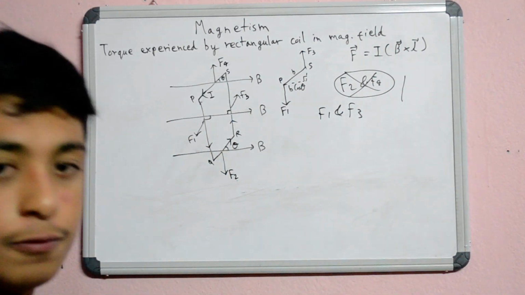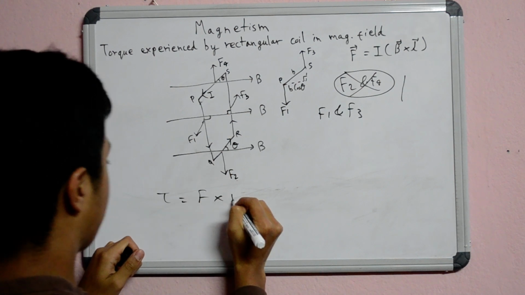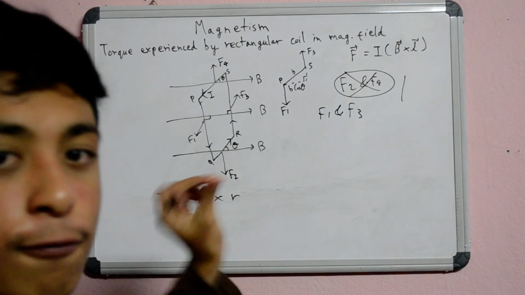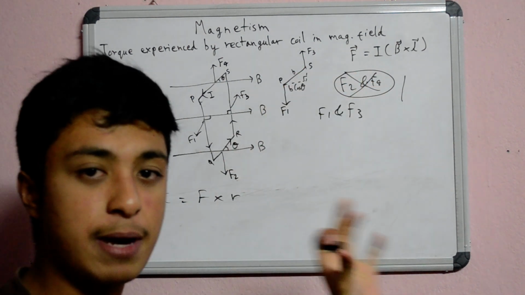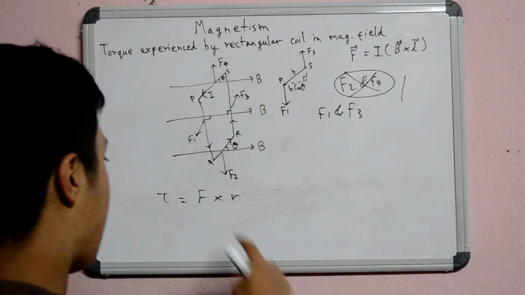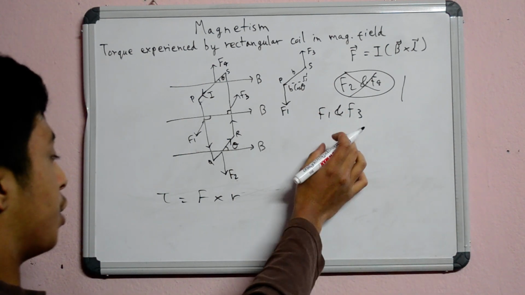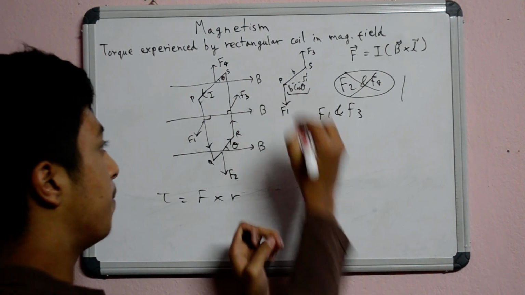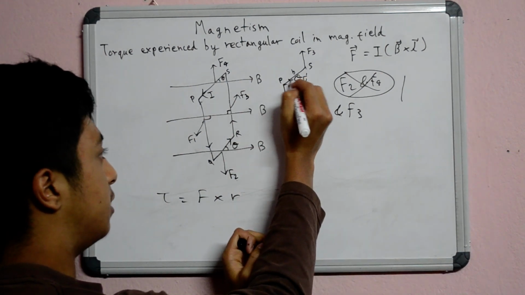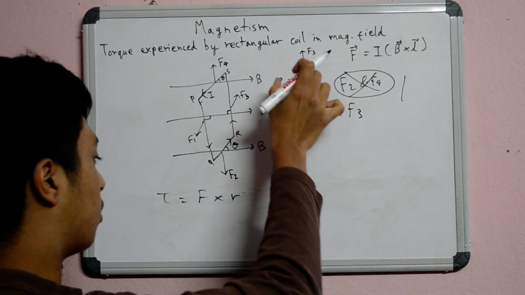Now the formula of torque is, well, force into their perpendicular radius. Now here for the force, we can choose either F1 or F3, which doesn't matter because they're equal, and the perpendicular distance between those two forces, which here is B cos theta, because if this is B, and I forgot to mention this is angle theta, so this is the cos component, so it is B cos theta.